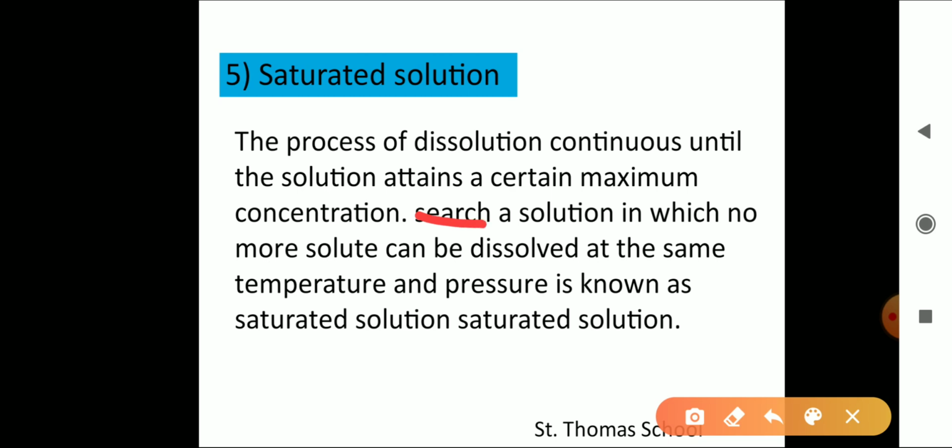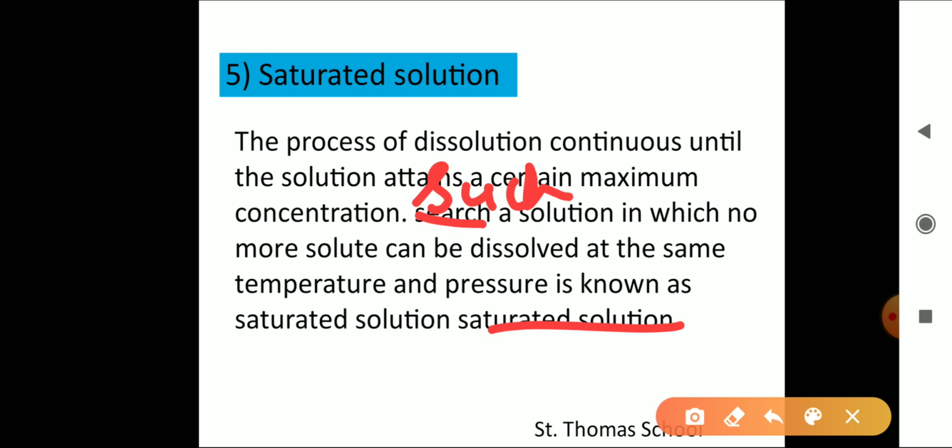Such a solution, what is it? Such a solution in which no more solute can be dissolved at the same temperature and pressure is known as saturated solution. Okay, here what does it mean?